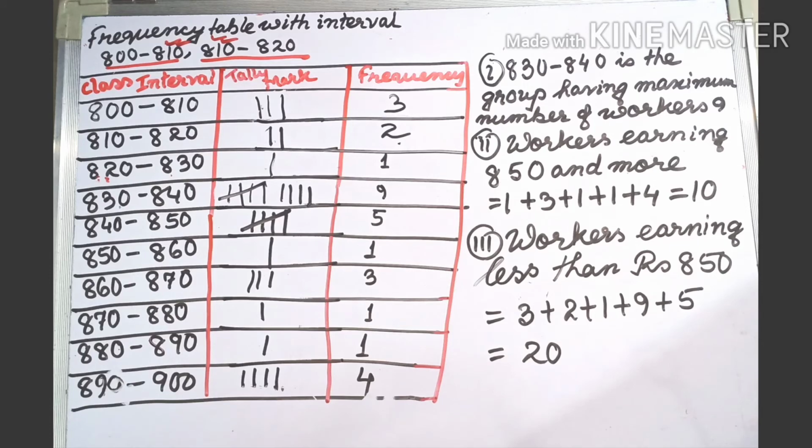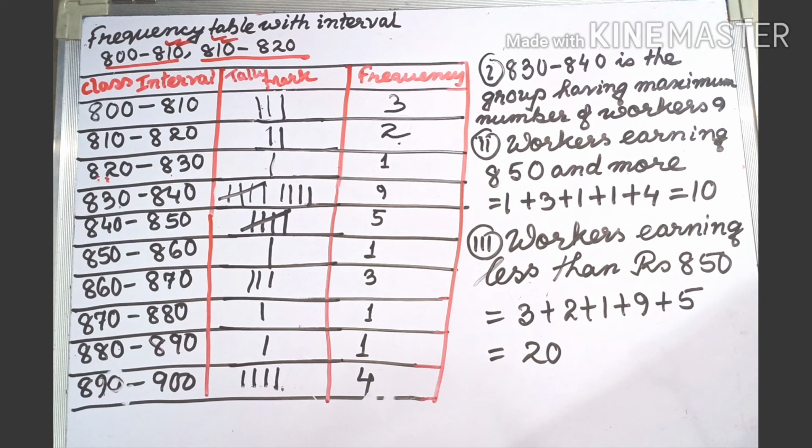From the table, or you can say from the graph, the first question is what is the maximum number of workers. You see here the frequency is highest at 9, so the group with the maximum number of workers is the class interval 830 to 840. That's why I have written in the first answer 830 to 840 is the group having the maximum frequency, 9.